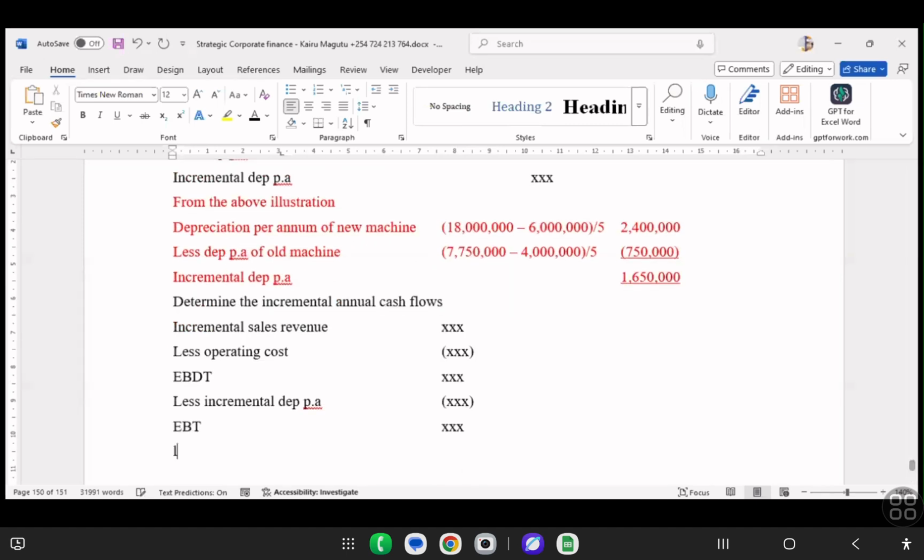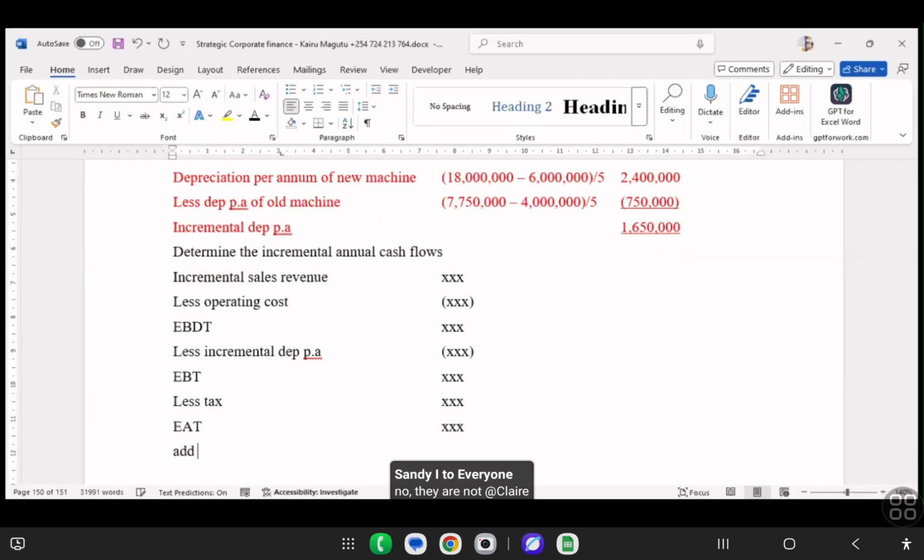Then from there we less tax. Once we get there, we get the earnings after tax. We add back depreciation.